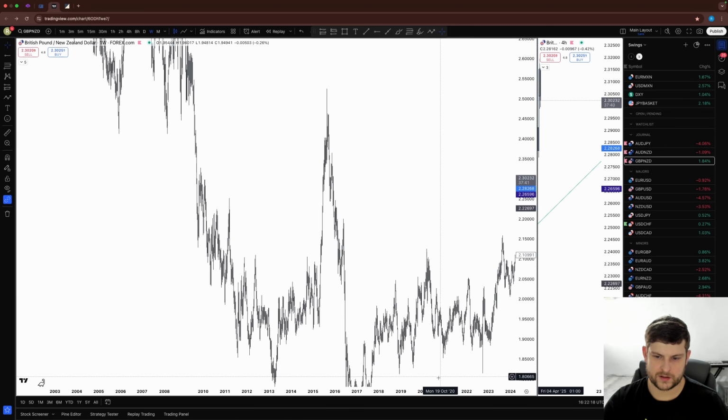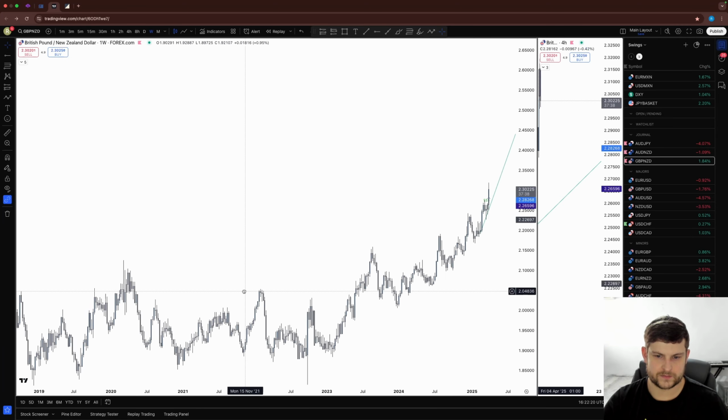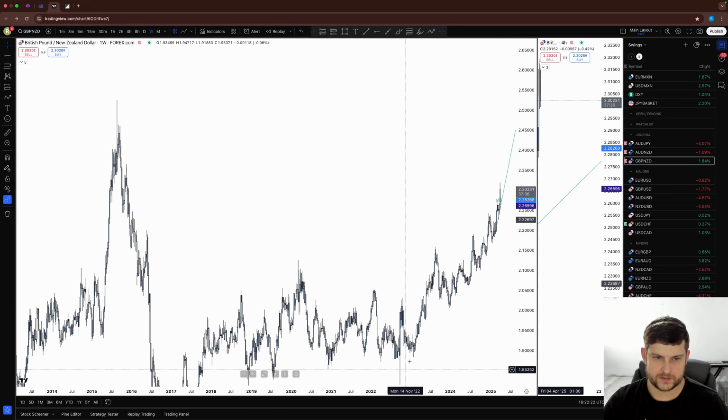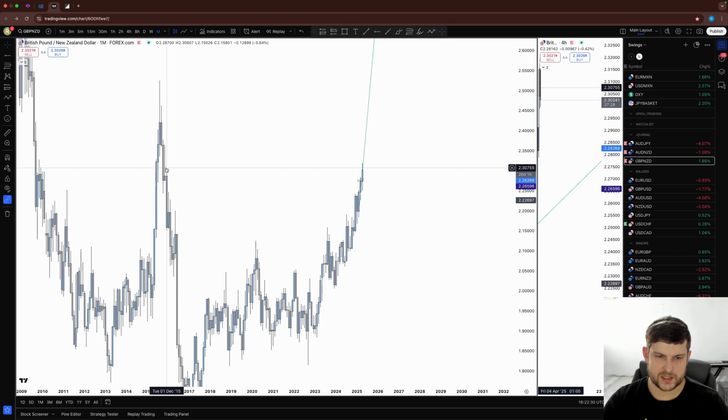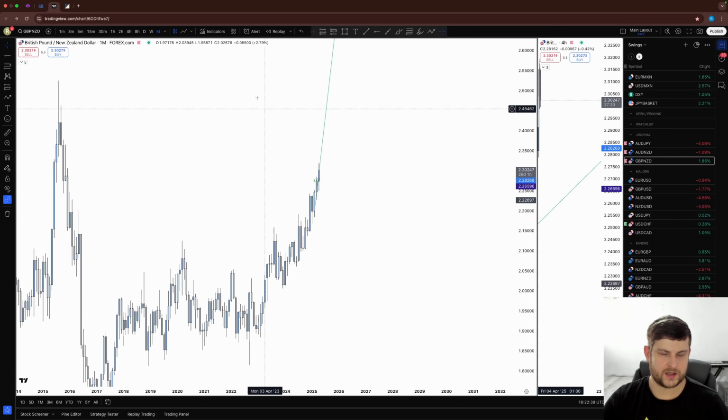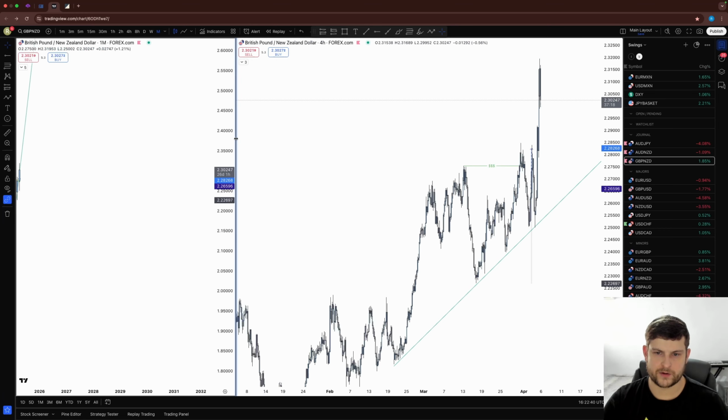Just make this bigger. This was on the monthly, sorry. On the monthly, we swept this liquidity pool here, tapping into this monthly order block for the first time, and we fully closed this imbalance here. So this was a high probable reversal area, and the 4 hour kind of confirmed that to me.